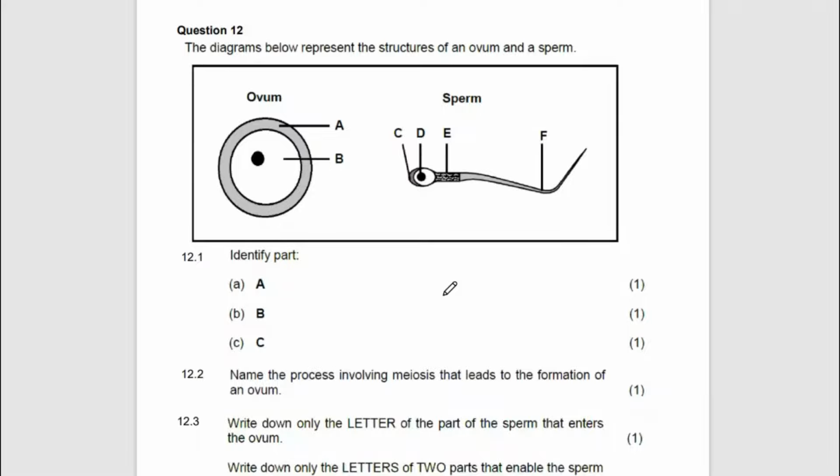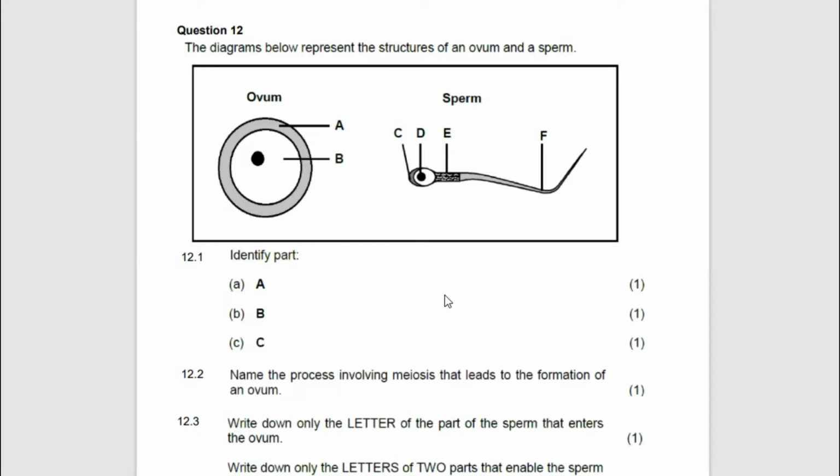So you have to know how to label. At least to try. What is this? This is the jelly-like layer. What is this? This is the cytoplasm. What is this? This is the acrosome. What is this? This is the nucleus. What's this? It's a middle piece or mitochondria. And then what is this? This can be a tail or flagellum.